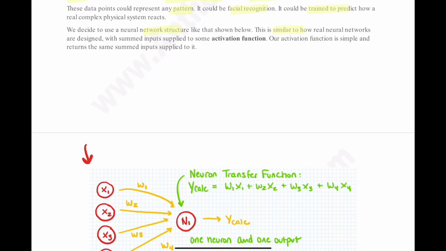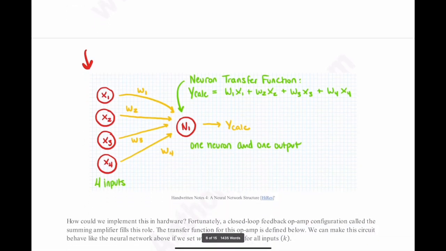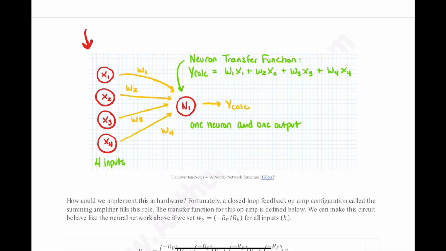And this is similar to how real neural networks are designed, with summed inputs supplied to some activation function. Our activation function is going to be simple and returns the summed inputs supplied to it. So here we have a really basic neural network. I'm going to spend just a quick minute explaining it. So we have 4 inputs, x1, x2, x3, and x4.